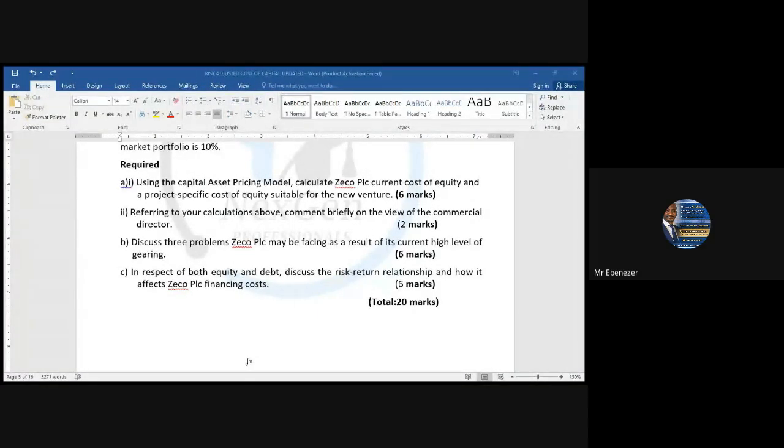However, the cost of equity is usually greater than the cost of debt. If you want to prove this point, you already calculated the current cost of equity of 17 point something percent. Calculate the cost of debt, then use it to show that if the company goes by equity, it will incur more costs.